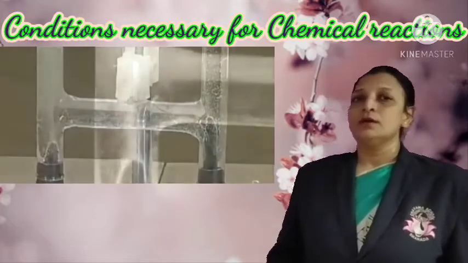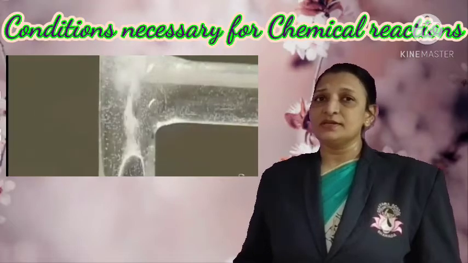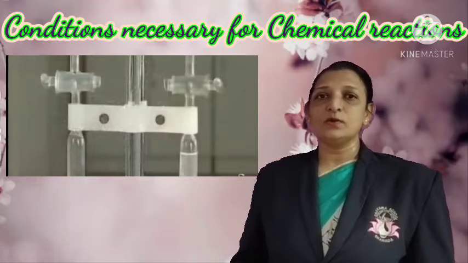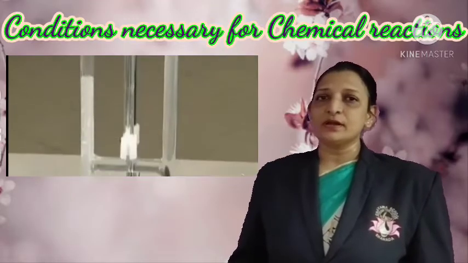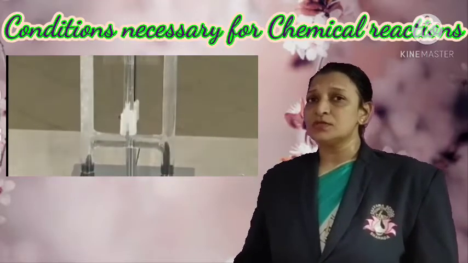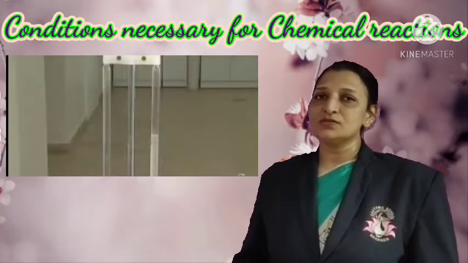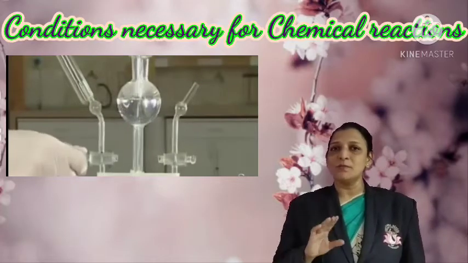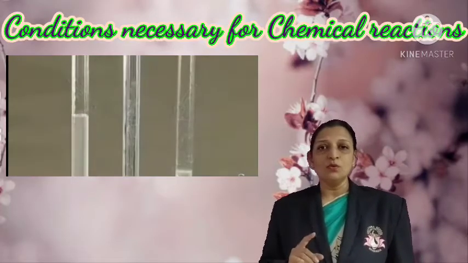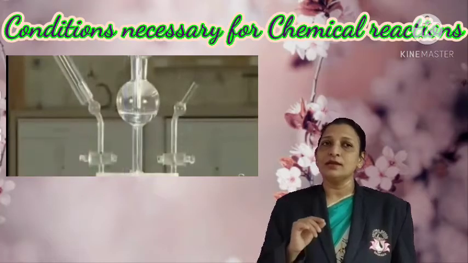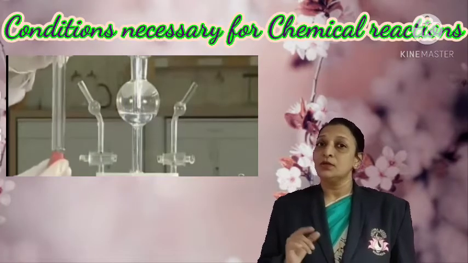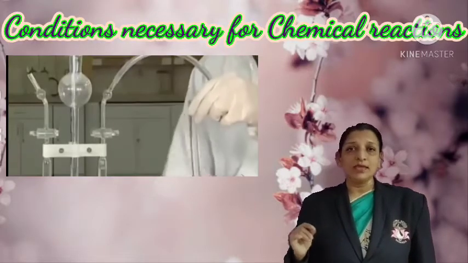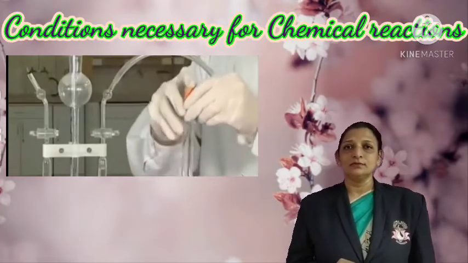Here you can see water when it is acidulated and allowed to set into electrolysis due to the electric current, it gets decomposed into hydrogen and oxygen. Remember, pure water is bad conductor of electricity. So we have to make it little bit acidulated. You can add here little amount of acid or any base or any salt.